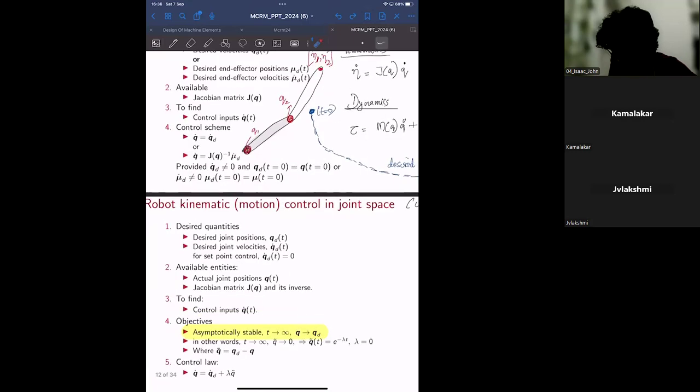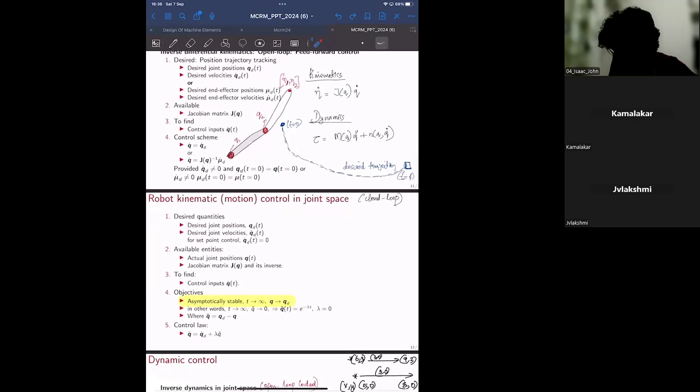So in case of a closed loop, I think I should have made this clear the first time itself. In the case of a closed loop, you also have an additional requirement that you want your system to be asymptotically stable. What that means is that if there is any sort of error, as time goes to infinity, the error should converge to 0, or error should tend to 0.